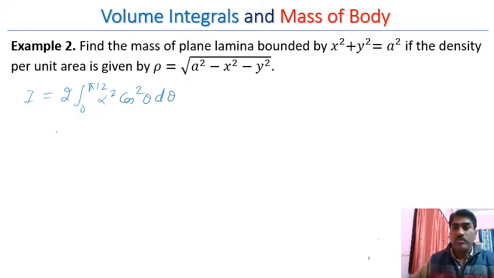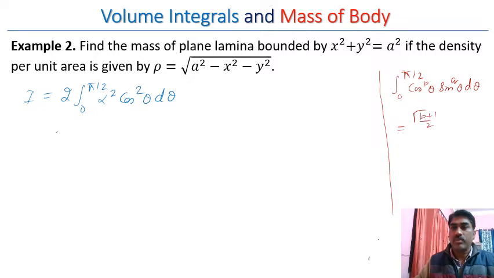and we already know this formula: the integral from 0 to pi by 2 of cos to the power p theta sine to the power q theta d theta is equal to gamma of (p plus 1) by 2 times gamma of (q plus 1) by 2, divided by 2 times gamma of (p plus q plus 2) by 2.